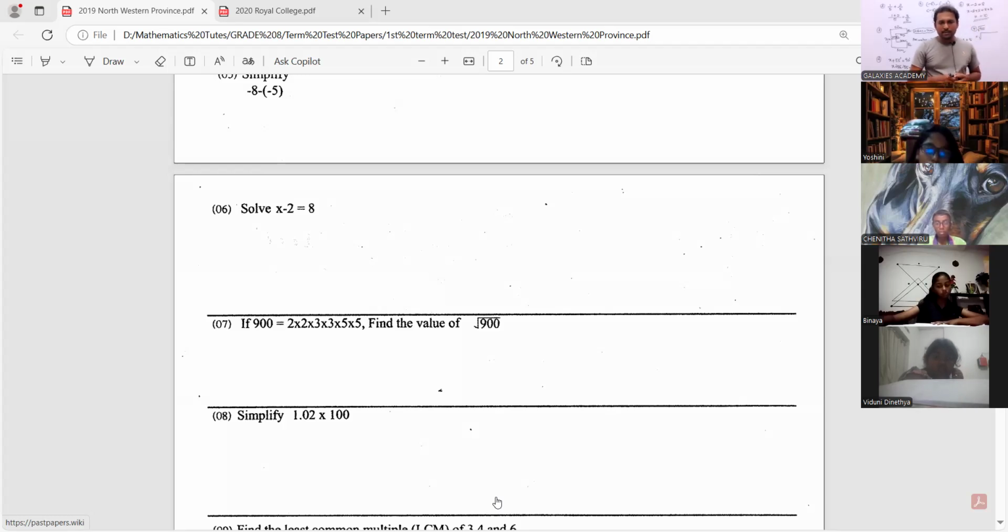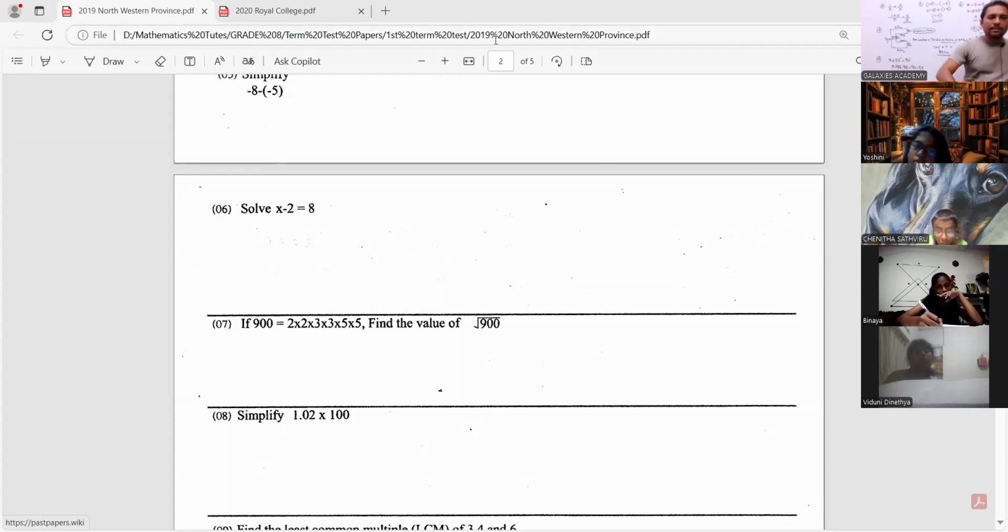The help is given for you. How is it written? 2 multiply 2 multiply 3 multiply 3 multiply 5 multiply 5. Right. Then square root 900, I can write as square root of 2 multiply 2 multiply 3 multiply 3 multiply 5 multiply 5.